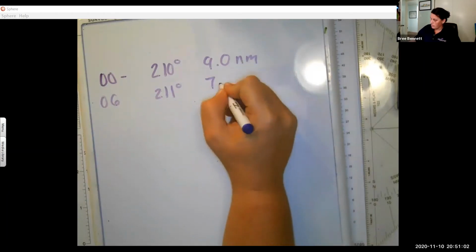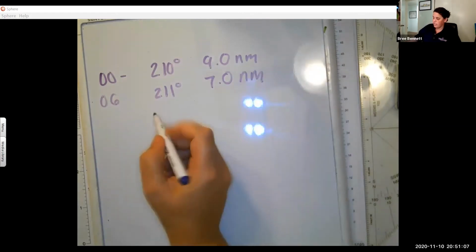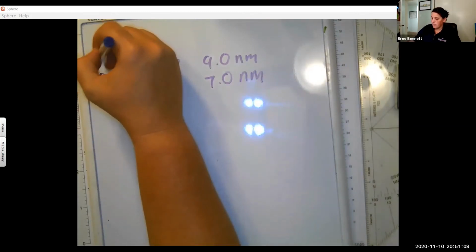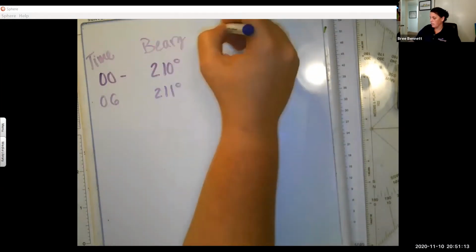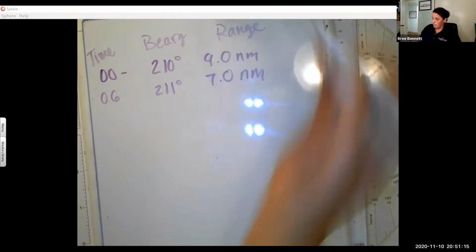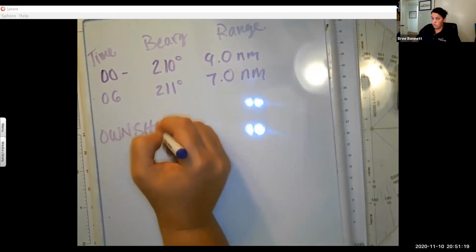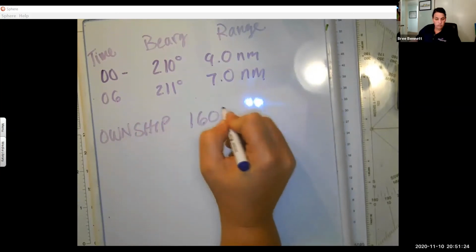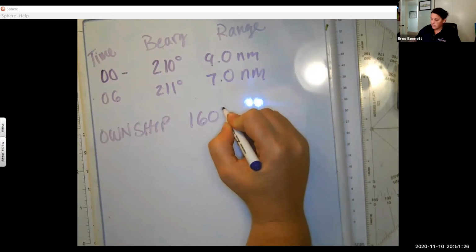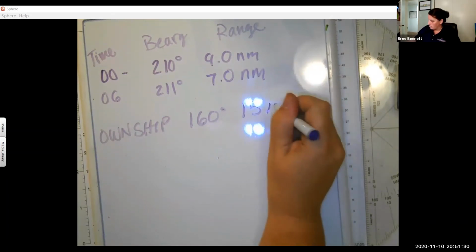So go ahead and start plotting. If you don't have the homework, I'm writing it here. So this is our time, this is our bearing, and range. Own ship is 160 degrees at 15 knots.